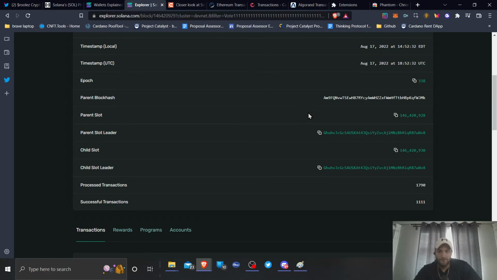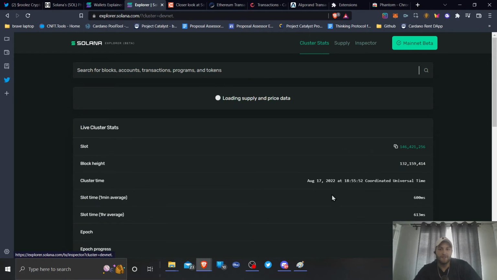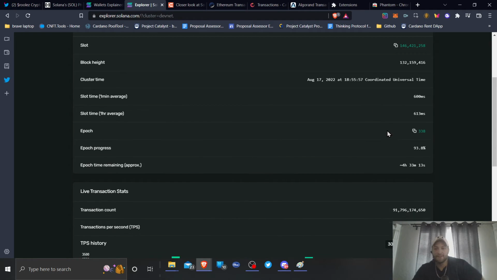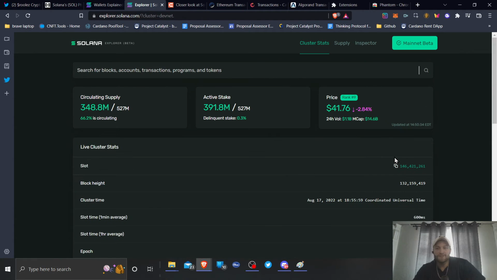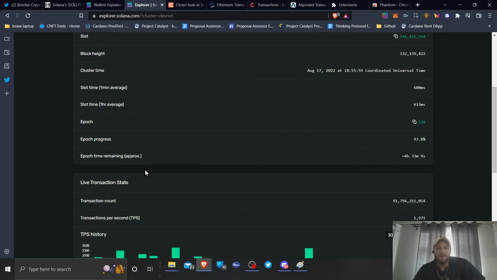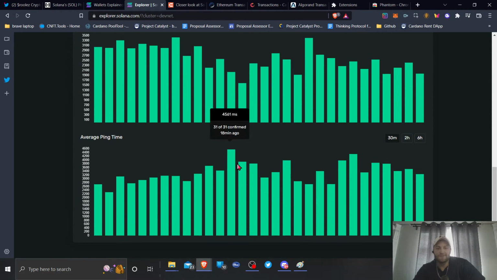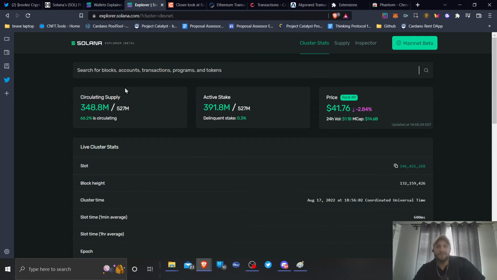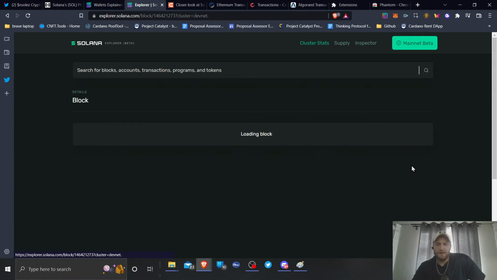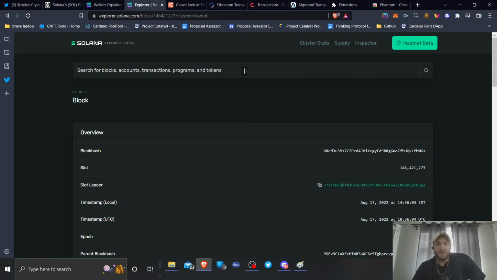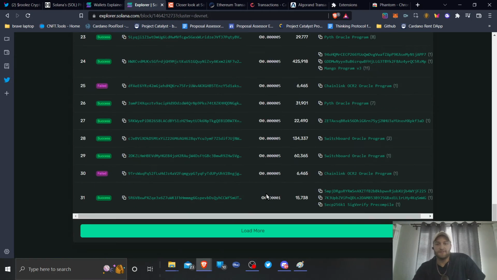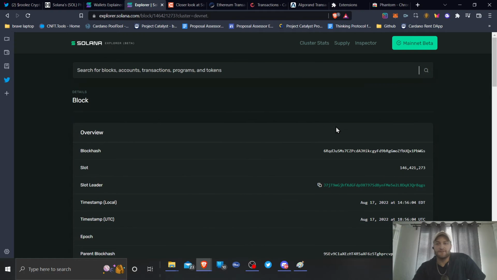Anyways, if you go back to Solana here, and let's just go to cluster stats, you'll notice that there's no real way to just hit transactions. Not very detailed, and maybe I'm looking on the wrong Explorer. So, again, this is just my opinion. But being able to click the block, you can obviously look into those transactions.